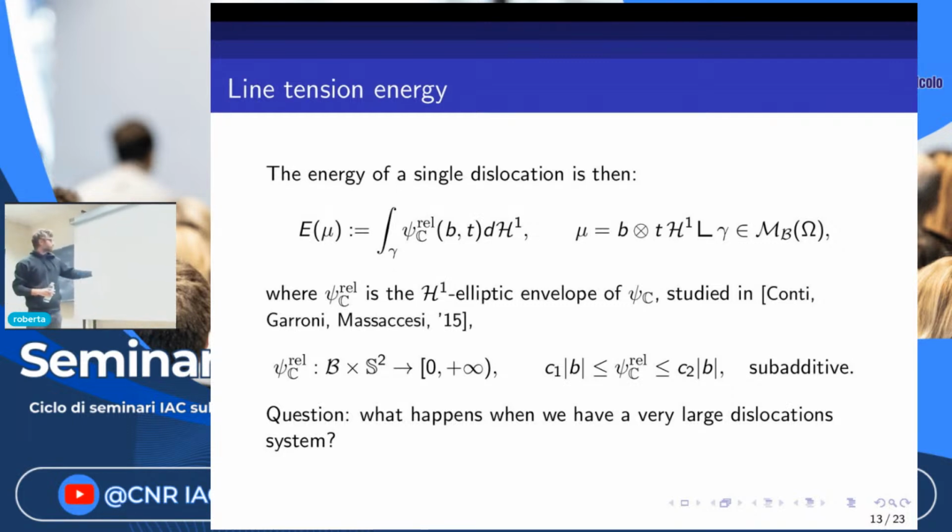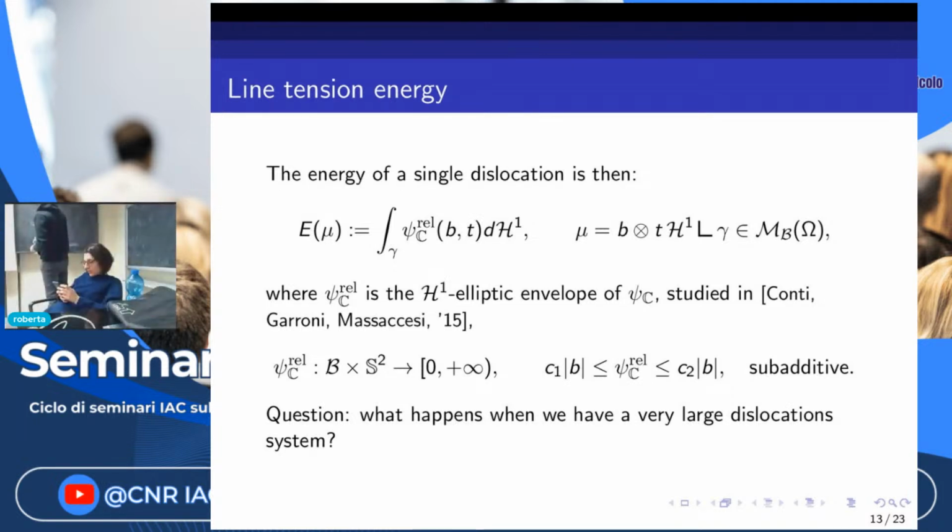I didn't want to write down the actual formula, but let me comment since maybe it is interesting. C relaxed of d, t is the relaxation of T. In what sense?